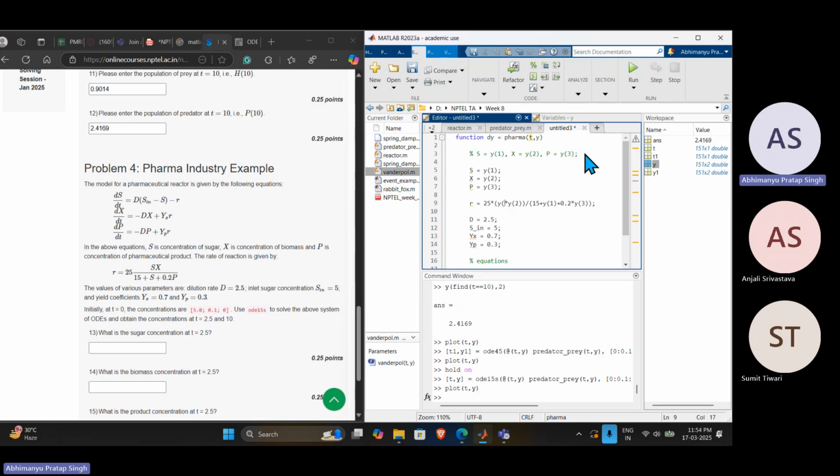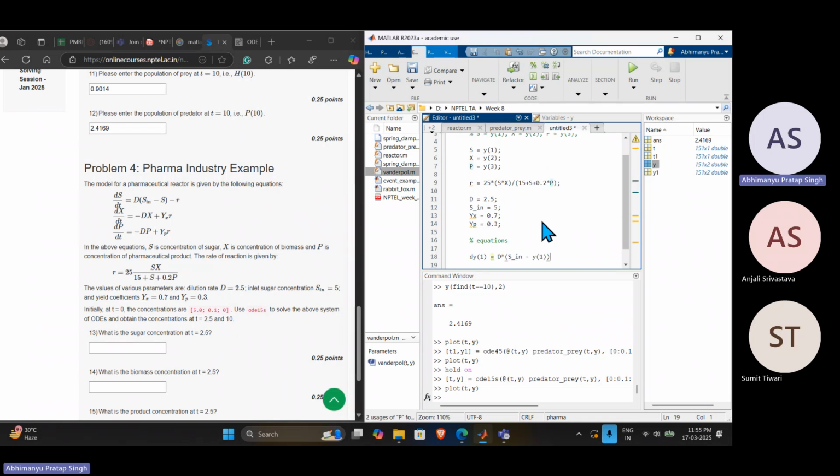So I can just directly write whatever is written over here, 0.2 times P. So I can write my equations also. But here I am outputting dy only, so I will just keep this, or else I can also make this similar to that only.